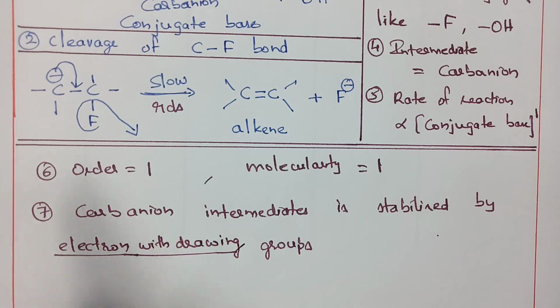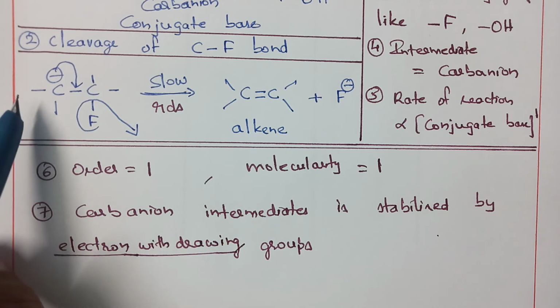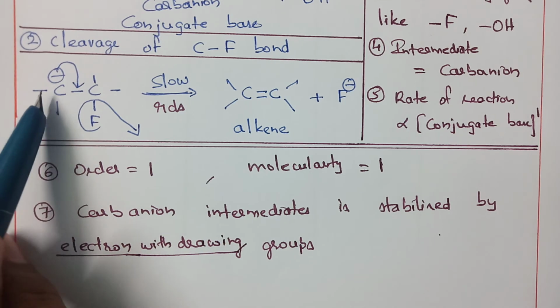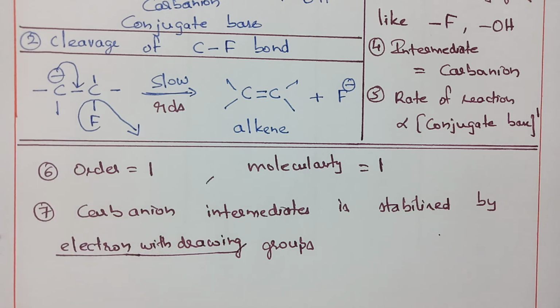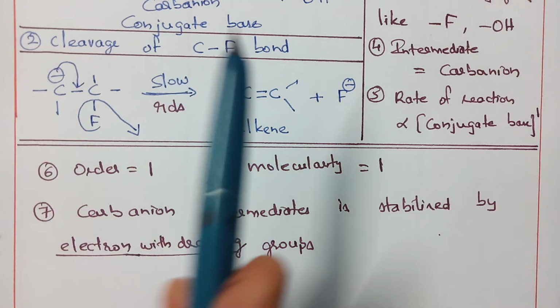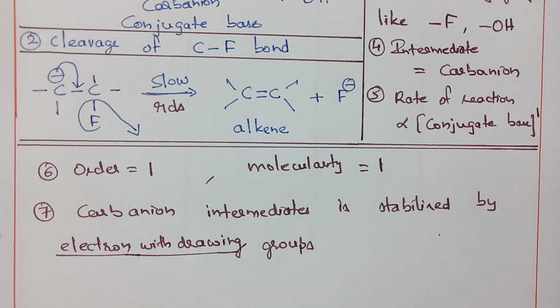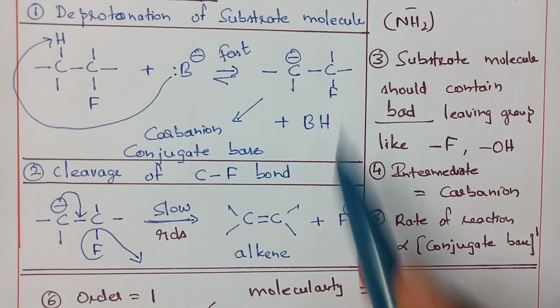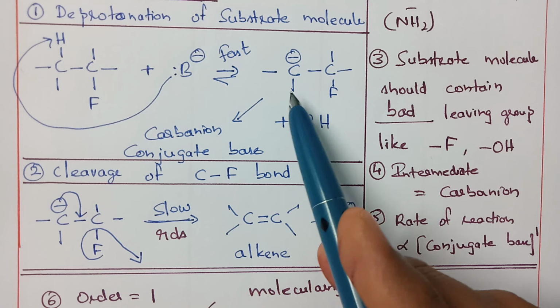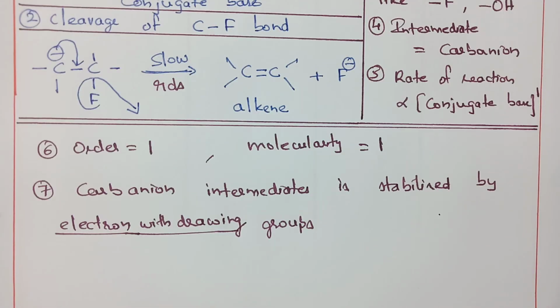Because when there is an electron withdrawing group here, it will reduce the negative charge on this carbon. Then automatically the intermediate formed will become more stable. Therefore, an electron withdrawing group will stabilize the carbanion intermediate formed.